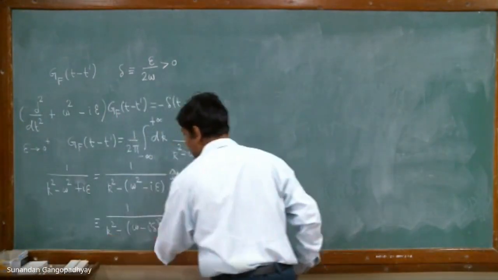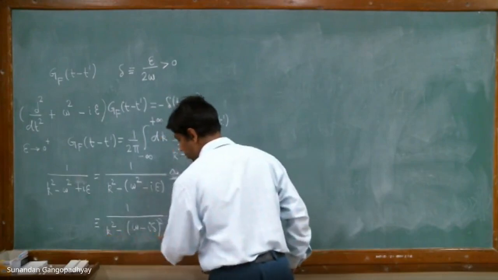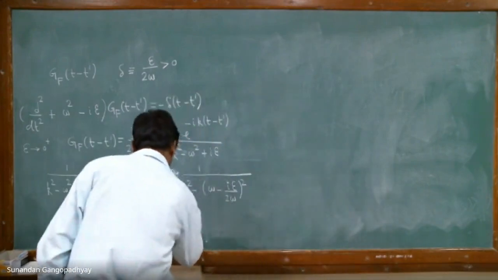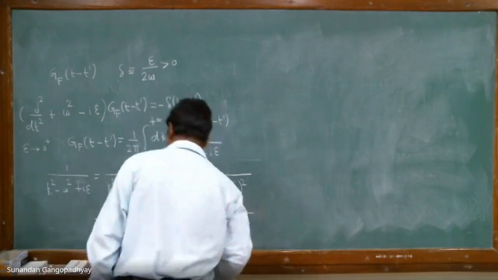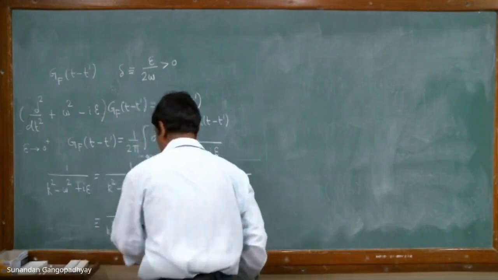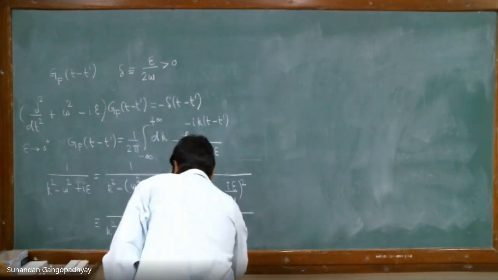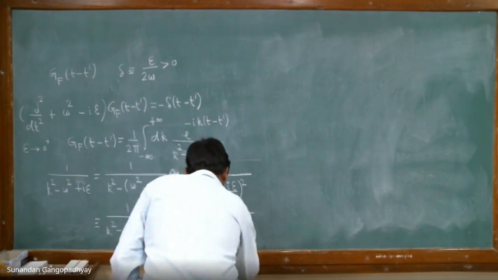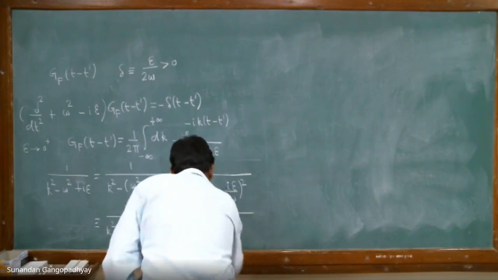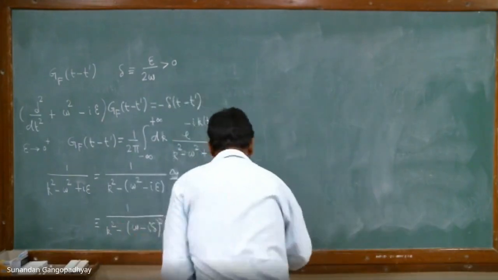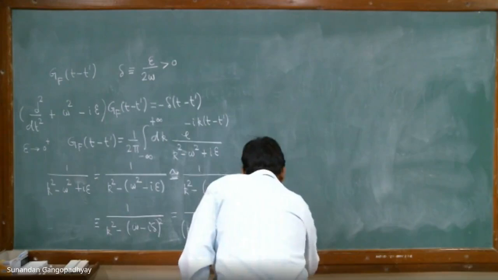So now I have this thing. So this is now a square minus b square formula. And therefore, this you can immediately write down as 1 divided by, so a square minus b square is a minus b times a plus b, so k minus omega plus I delta times k plus omega minus I delta.